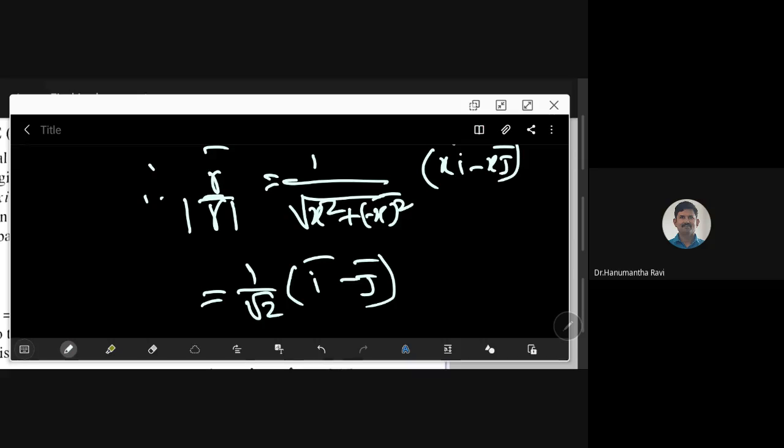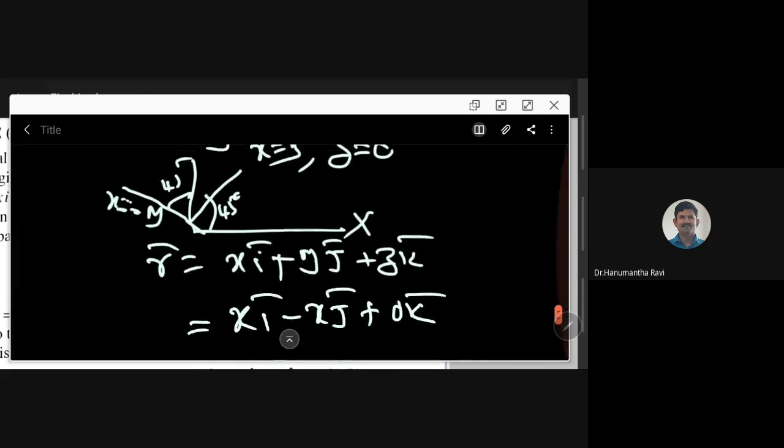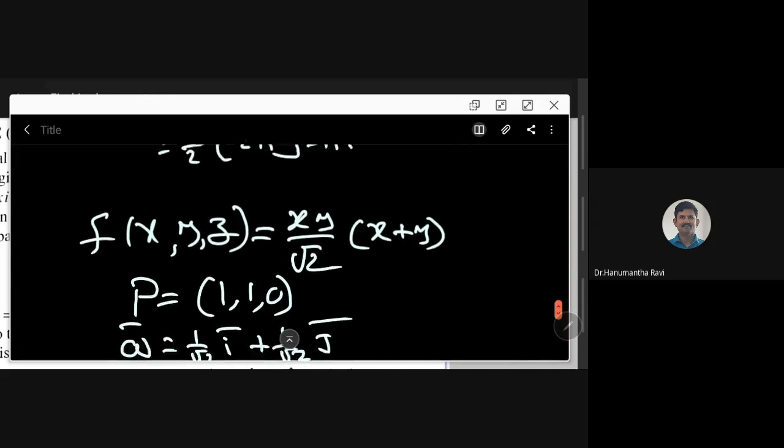Now we calculate grad f, because we require grad f here.